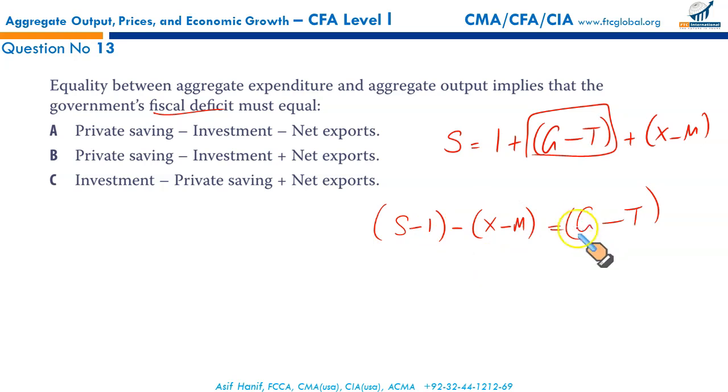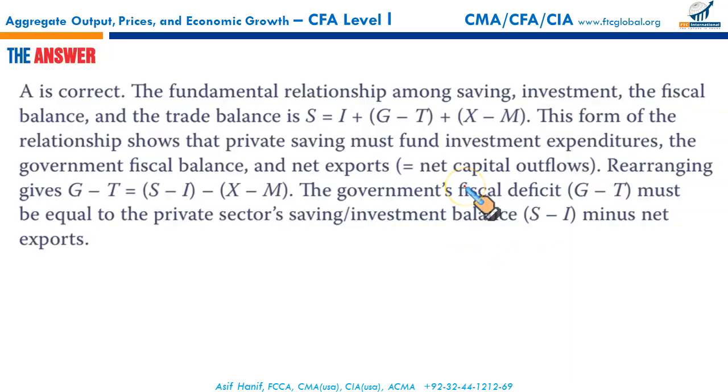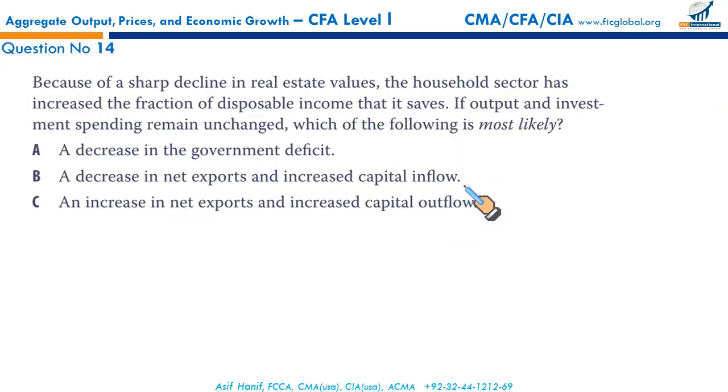Now, as you can see, the fiscal deficit must equal private savings minus investments, which is this part, and net exports, that is X minus M. Perfect. A is the right answer. Look no further. A is correct.